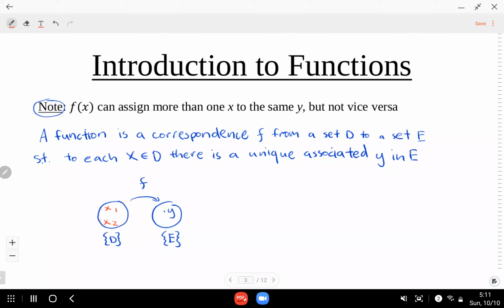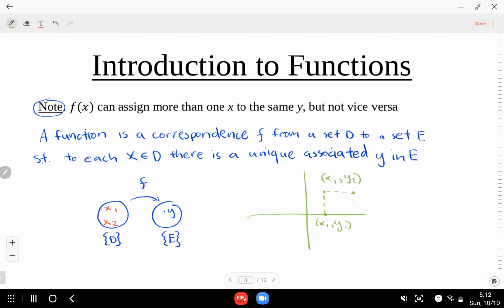Let me draw you a graph again. If x1 has y1, and this also has the coordinate x1 but y2, here they form a vertical line, and that's not allowed in a function. However, a horizontal line is allowed.